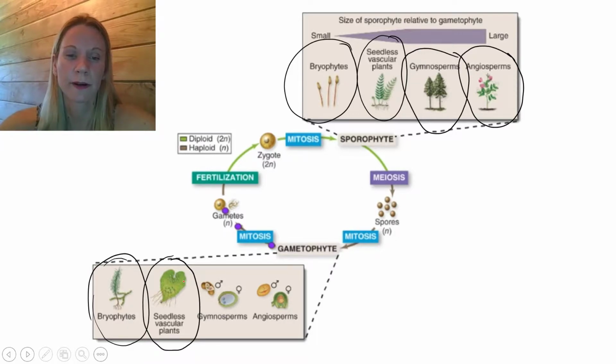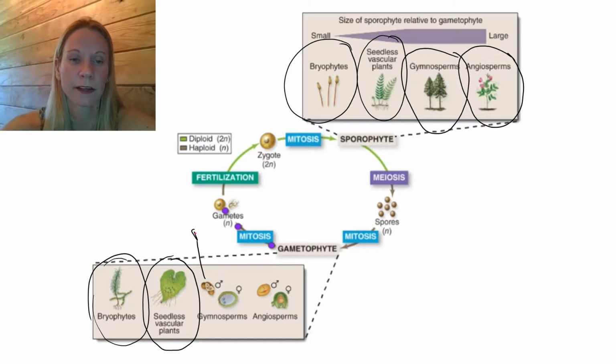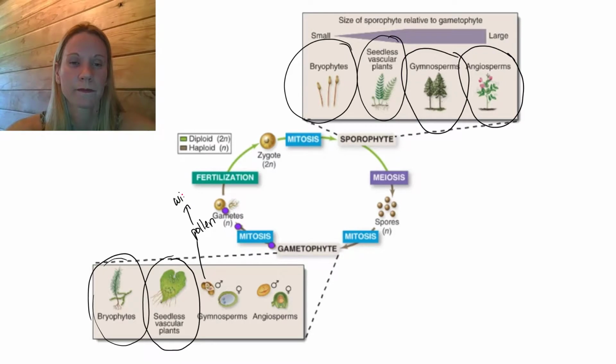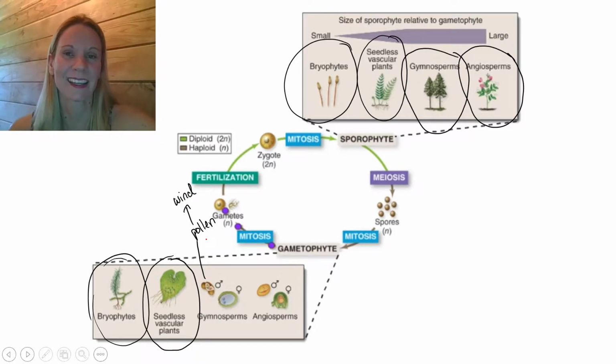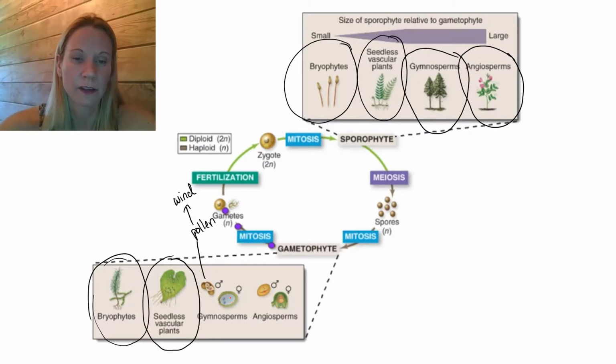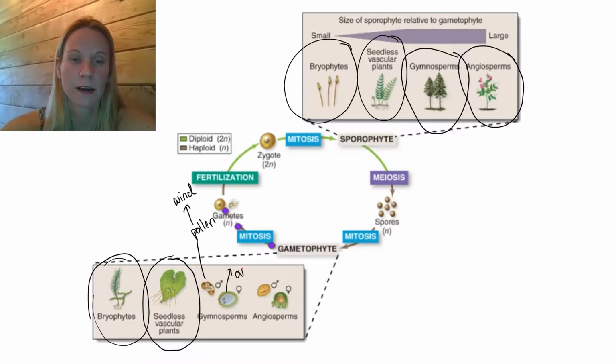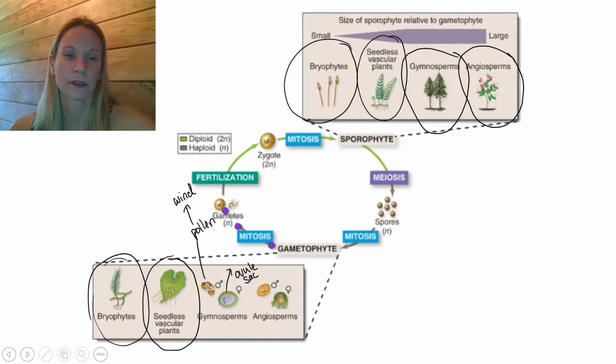In the gymnosperms, the male gametophyte is pollen, and that pollen travels by wind. So it gets released from the male cones. In the gymnosperm, the female gametophyte is referred to as the ovule sac and produces the eggs.